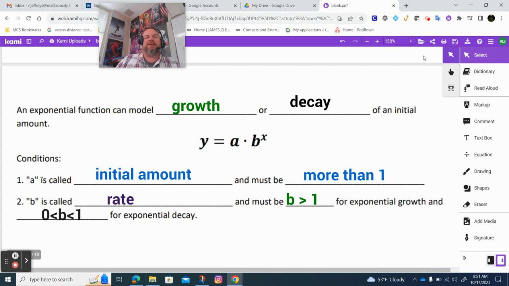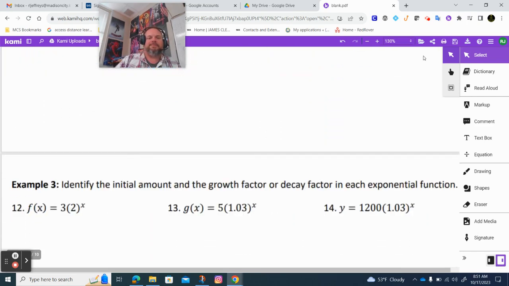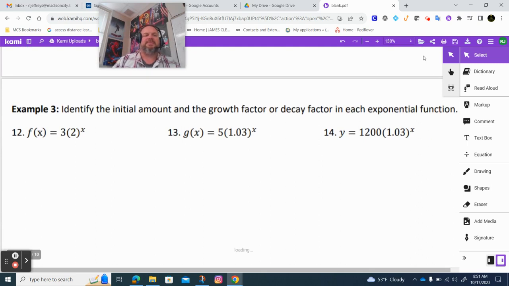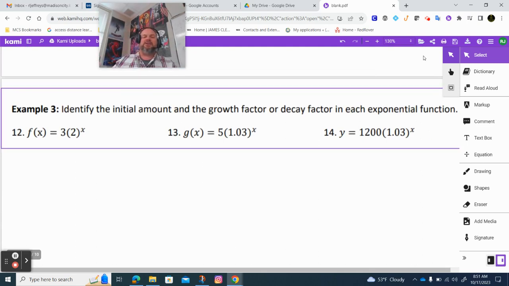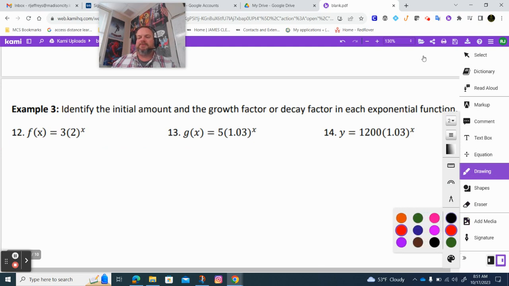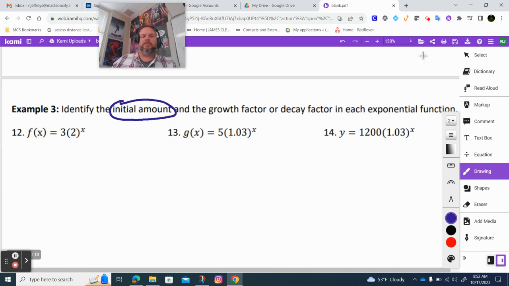All right, so everybody got these words in? All right. So let's look at this. Identify the initial amount, the growth factor, or decay factor. Okay, so we're going to identify all our initial amounts in blue.